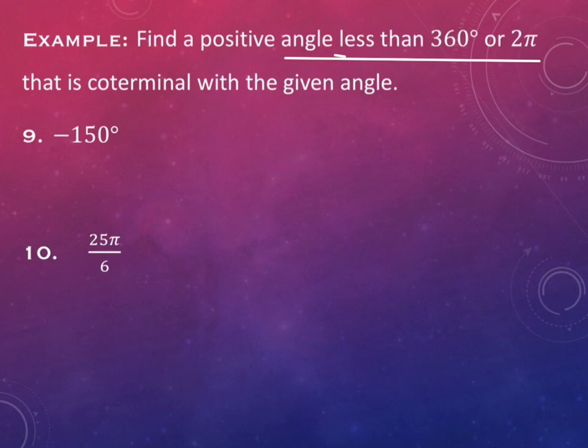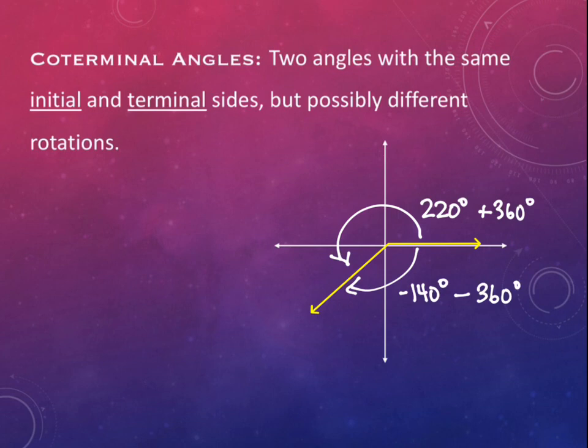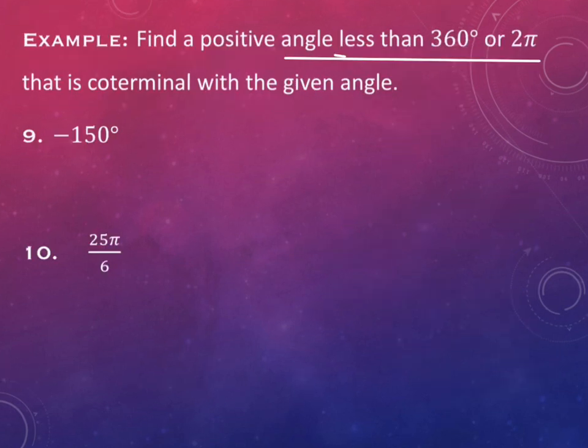So what did we do with the negative 140 when we ended up getting 220? How did that happen? We added or subtracted 360, right? So if I have negative 150 degrees, and I'm looking for a coterminal angle, what am I going to do? Subtract it from 360 or add 360 to it, right? That's the equivalent description.